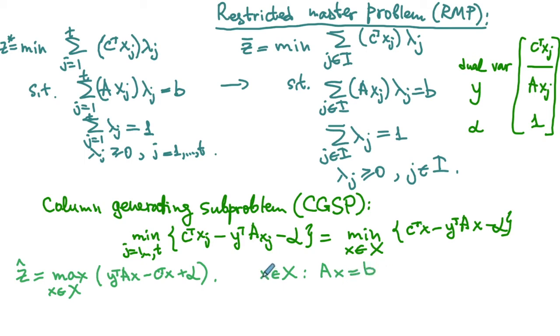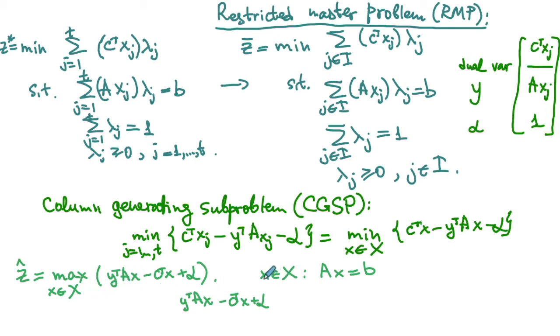So let's consider a feasible solution to our original LP, and for such a point we have the following inequality. We have y transposed Ax minus c transposed x plus alpha, which is the objective for this LP right here.